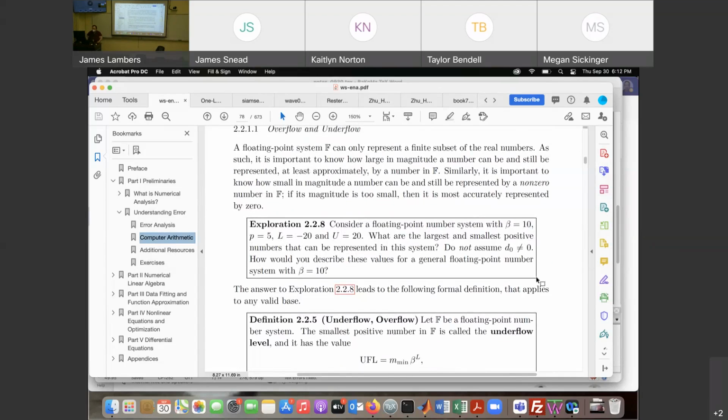Since the earlier problem gave specific values for P, L, and U, for this part of the question you're expressing these values in terms of general P, L, or U. And only the base is filled in. Oh, okay. Yeah.